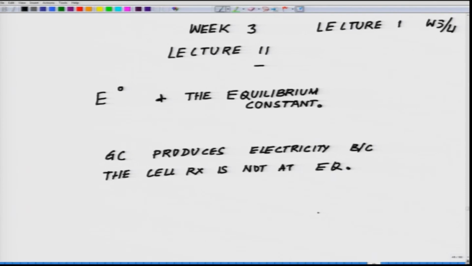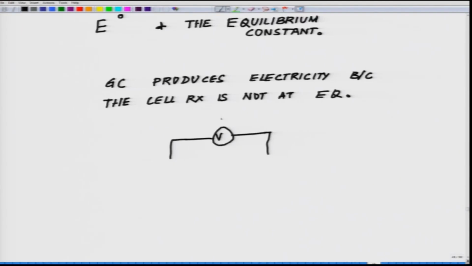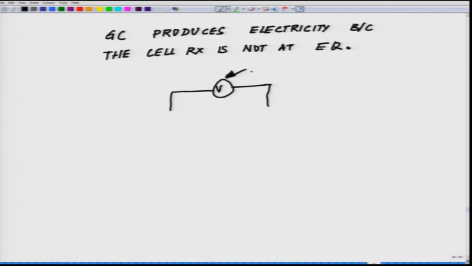The potentiometer allows negligible current, so the concentration of the cell remains unchanged. Say you have this potentiometer connecting to the cell. When you are connecting it with the potentiometer, a negligible current flows through, so the concentration in the cell remains unchanged. If we replace the potentiometer with a wire, you are removing the potentiometer and allowing the electrons to flow through.